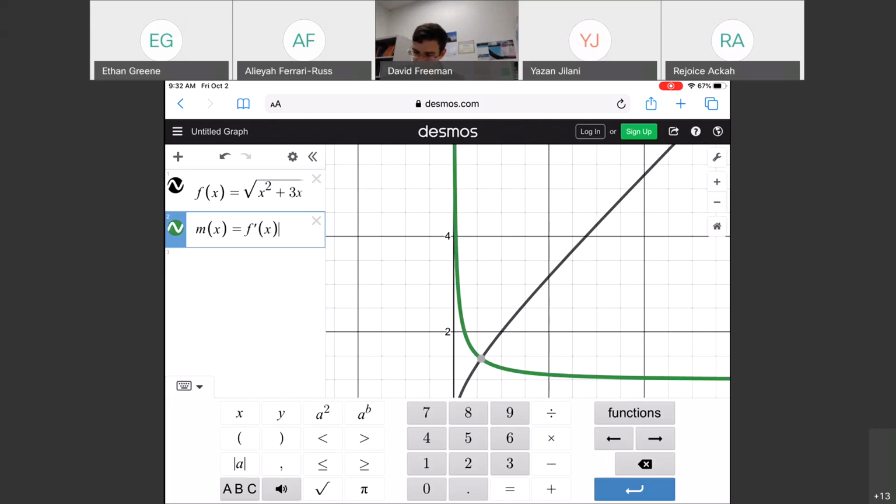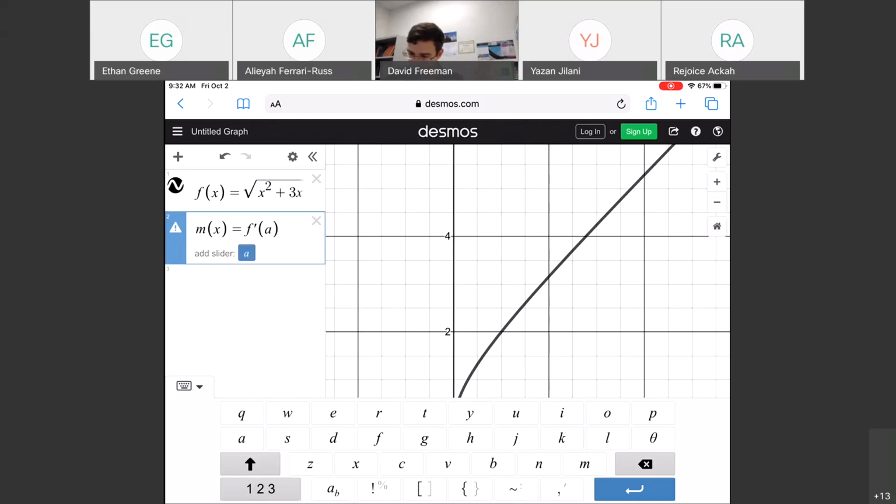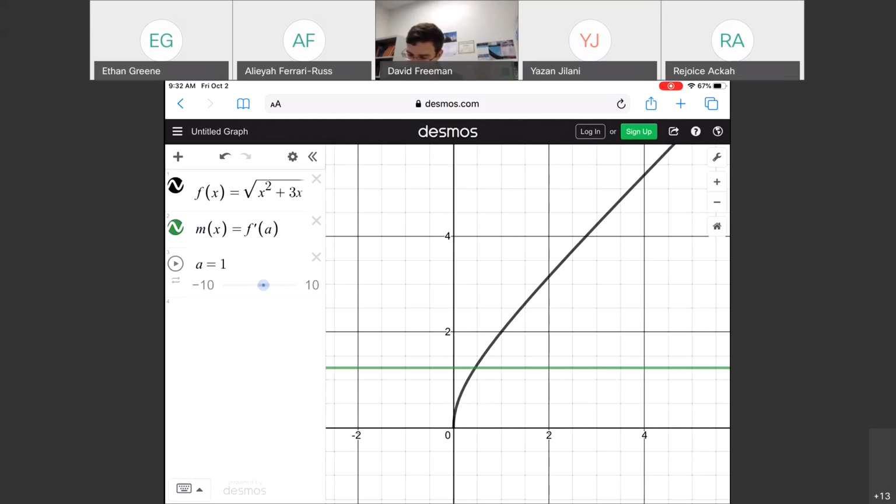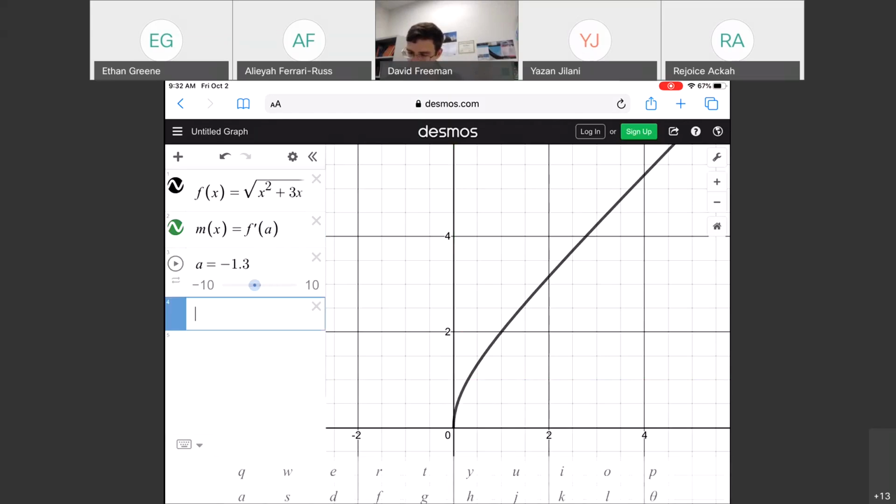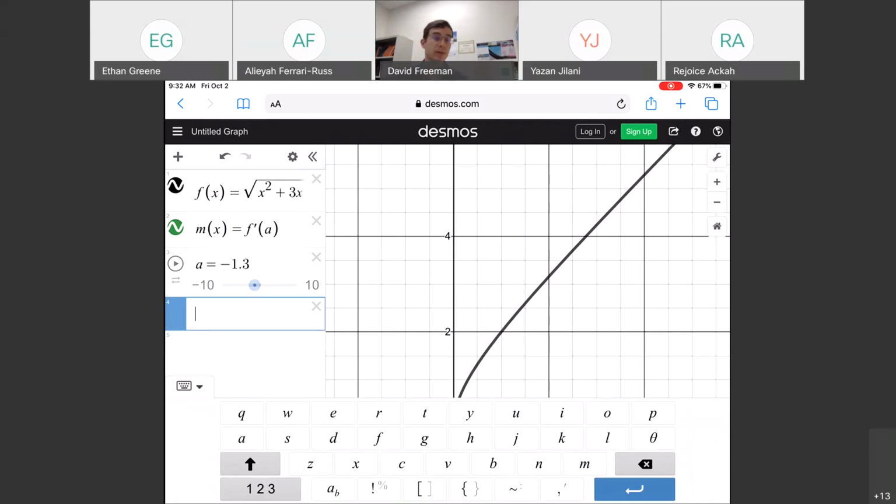Okay, it works. So here's what we're going to do. I just called m of x equal to the derivative at the value a.